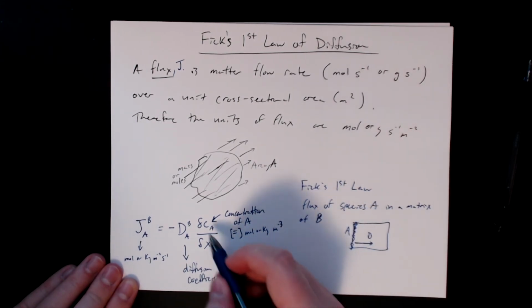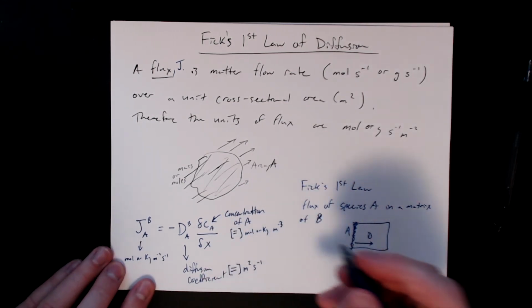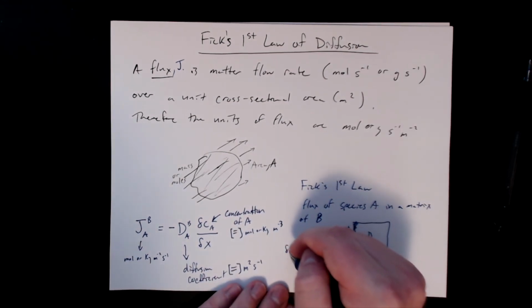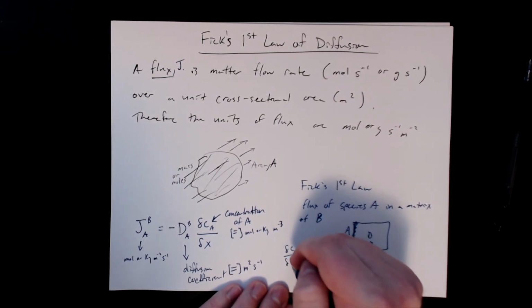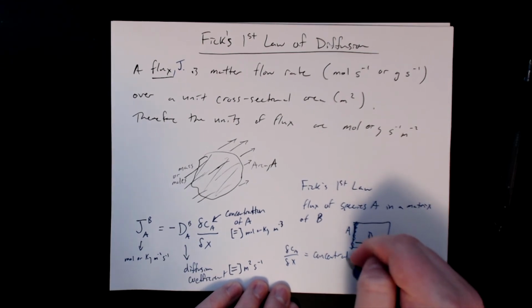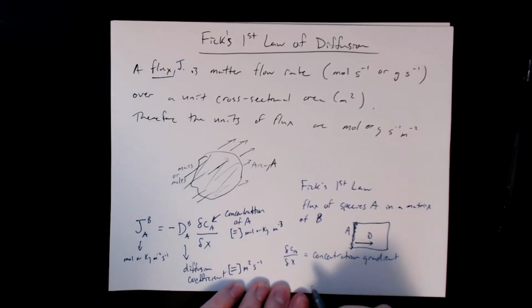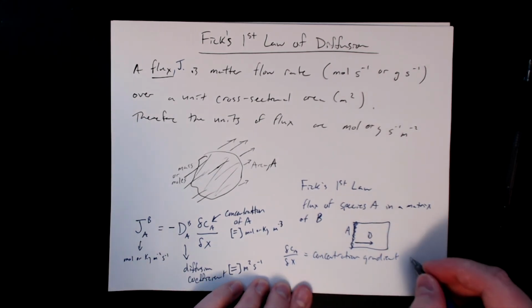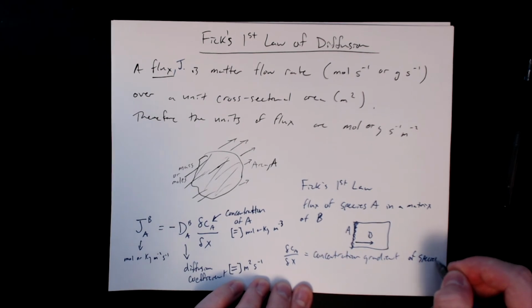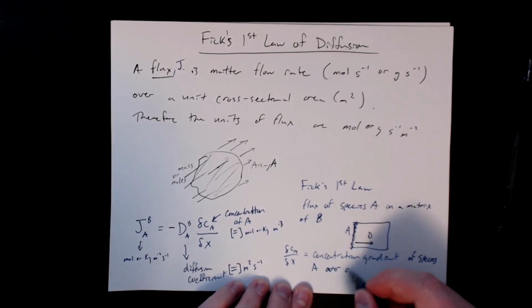And then, like I said, this whole term is known as the concentration gradient. So let me just write that over here. So the difference in concentration over position, of species A over distance x.